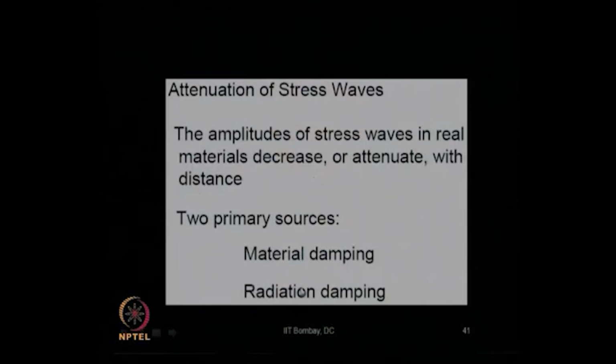And what is the next source of that attenuation or reduction in the amplitude of that stress wave? That is called radiation damping. Radiation damping is nothing but when waves get radiated from the source point, obviously with respect to their direction of movement, as the distance increases, many rays get generated.